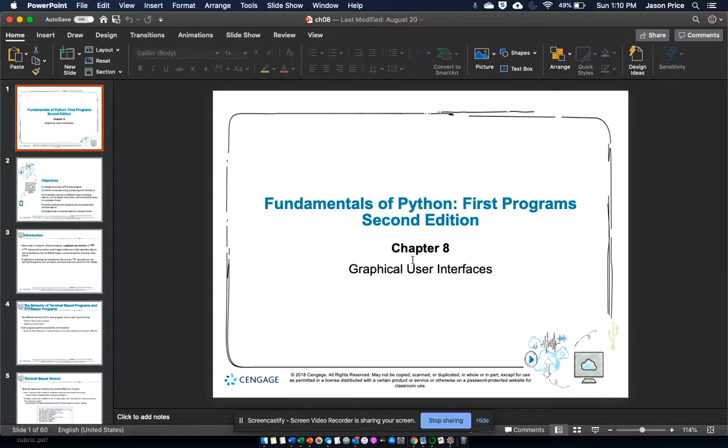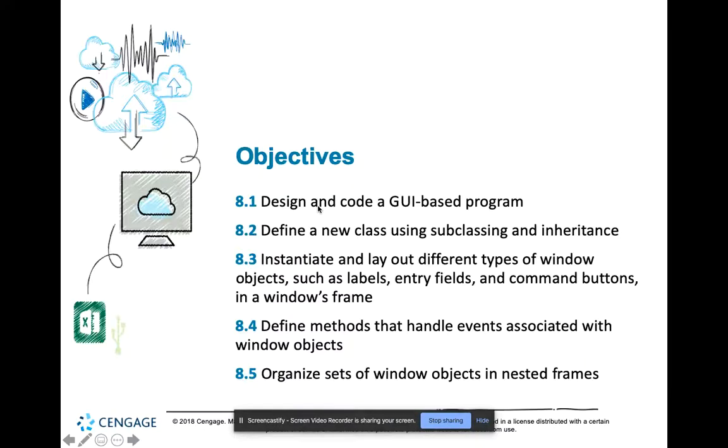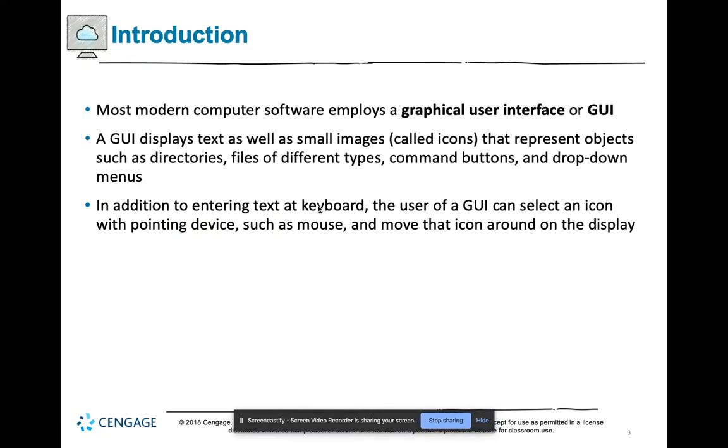Looking at the PowerPoint for Chapter 8, we're going to do some graphical user interfaces. Those are the objectives for the section. Most modern computer systems employ a GUI, or graphical user interface.